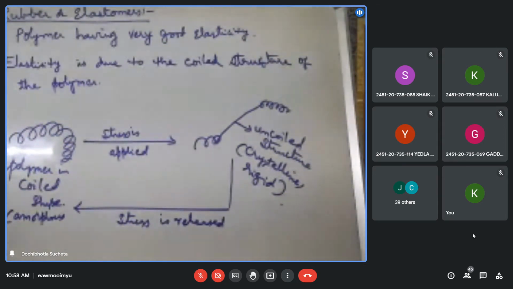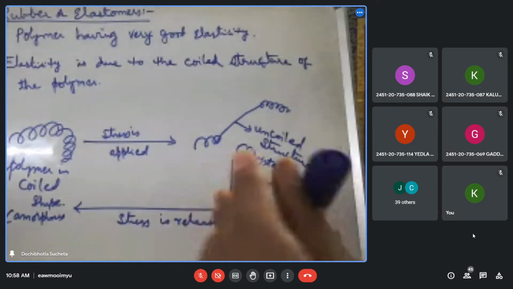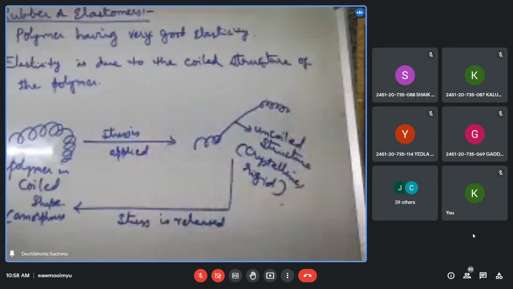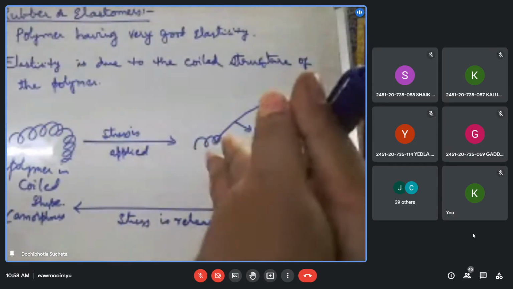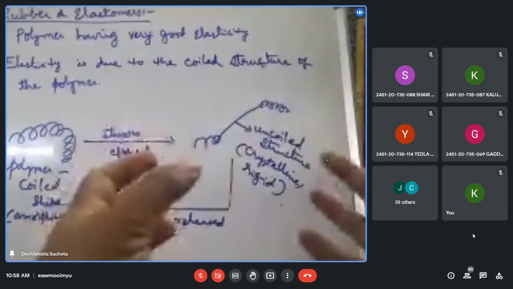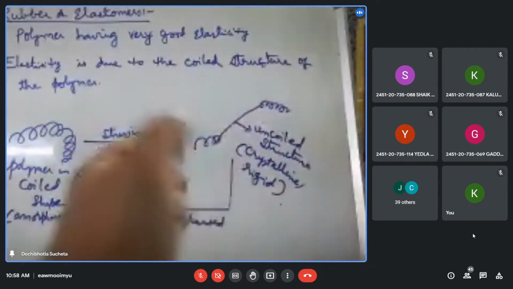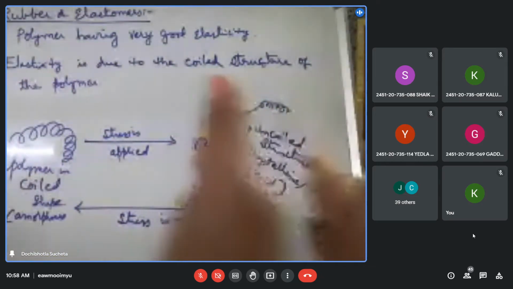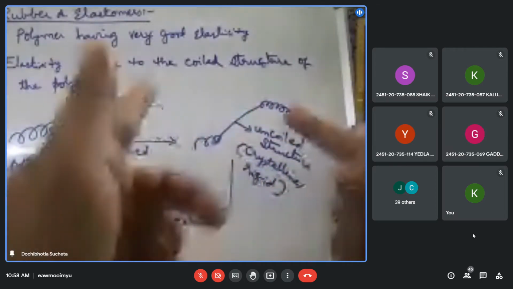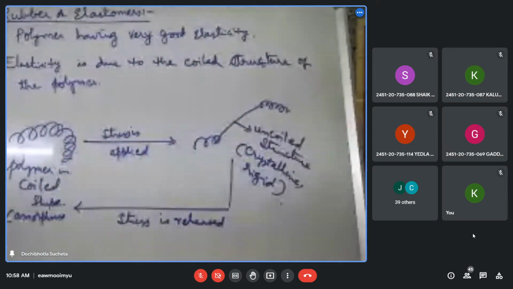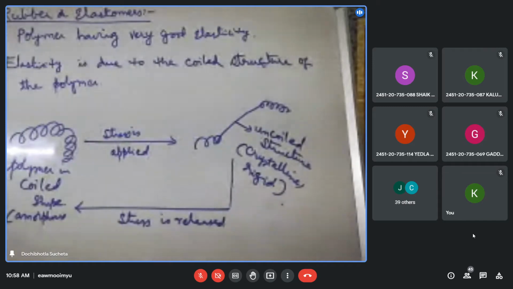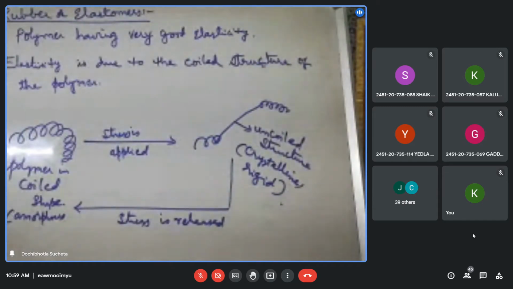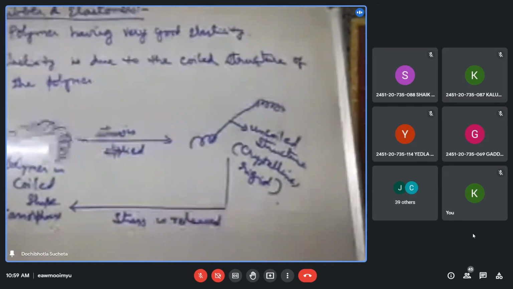Our rubbers are such that if you really apply pressure and just press them together, they become one. That property of two rubber lumps becoming one ball just by applying pressure is called tackiness. All this is because they are very, very amorphous in nature.